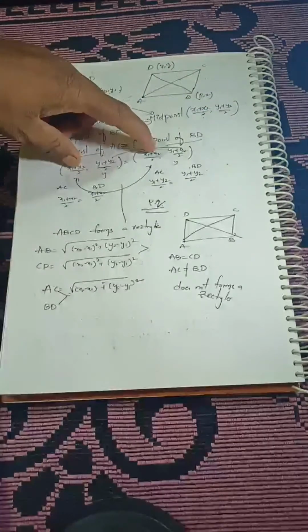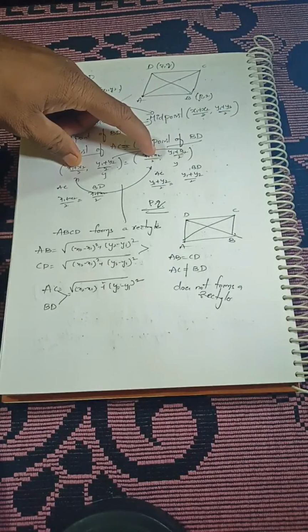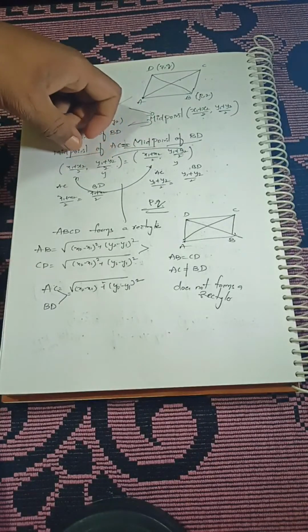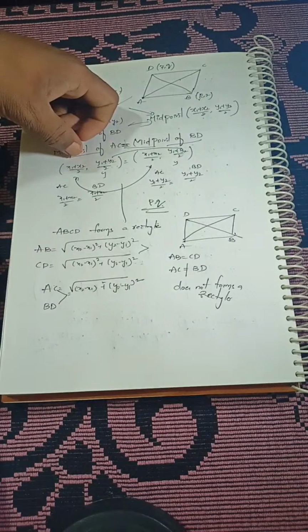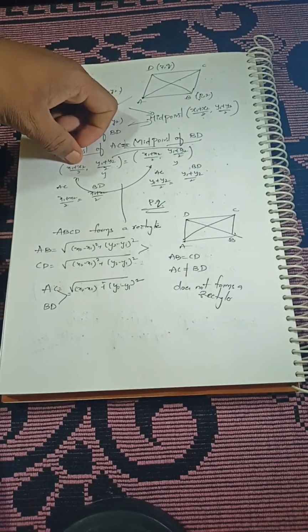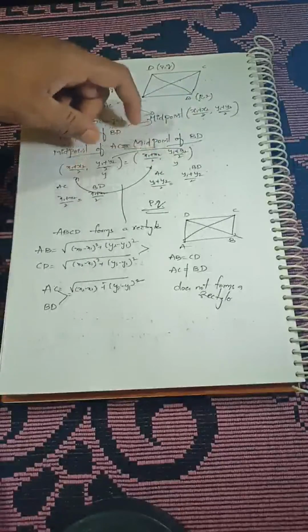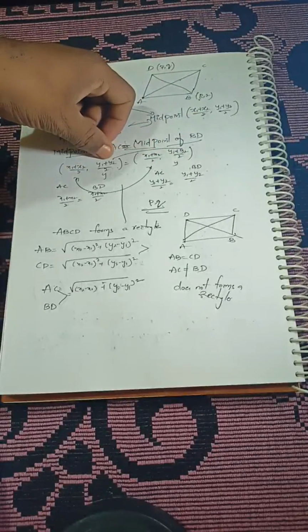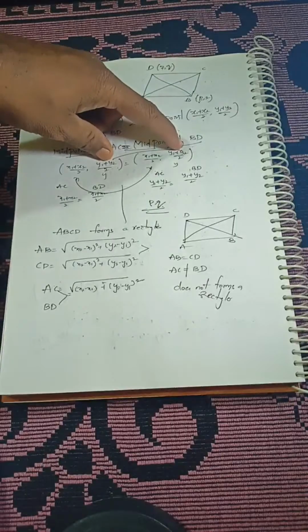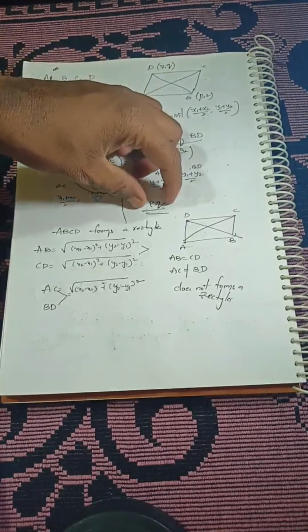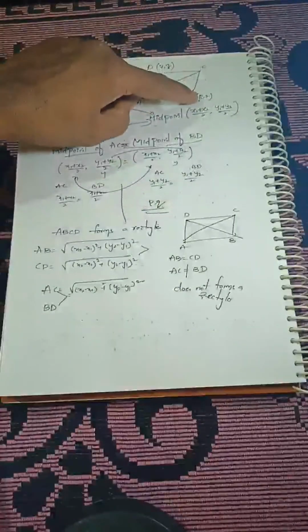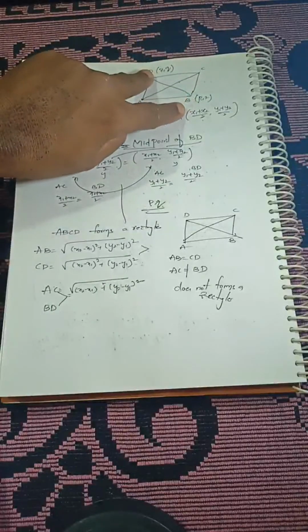So the x coordinate of the midpoint of AC should be equal to the x coordinate of the midpoint of BD. Then the y coordinates of AC and BD we are making equal. Then we are getting P and Q values. We substitute the P value here and the Q value here.